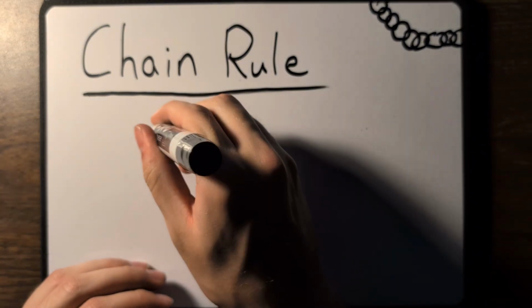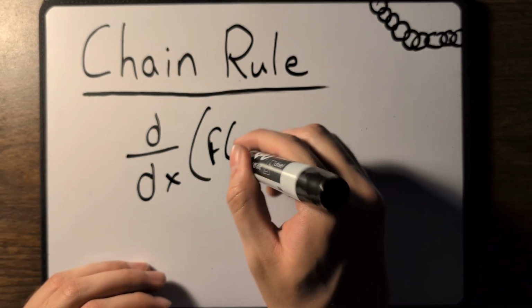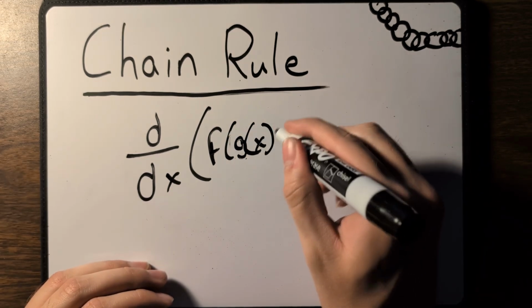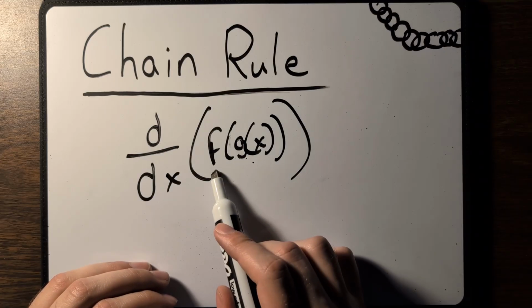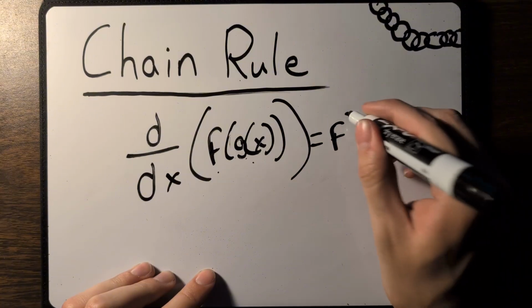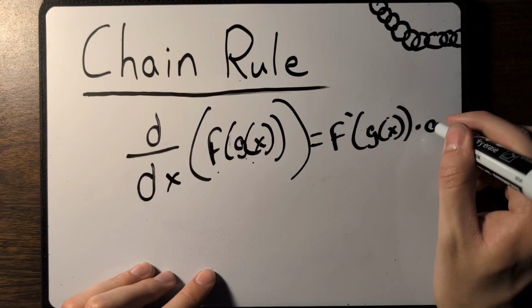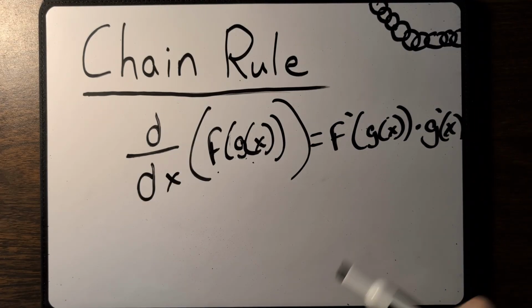So the formula is as such for taking the derivative of f of g of x, right? Our function inside of our function, this is going to be f prime of g of x times g prime of x.